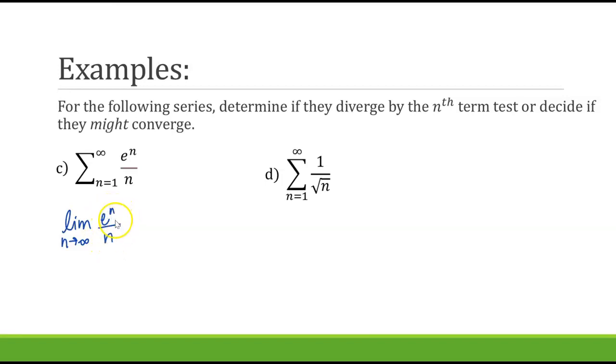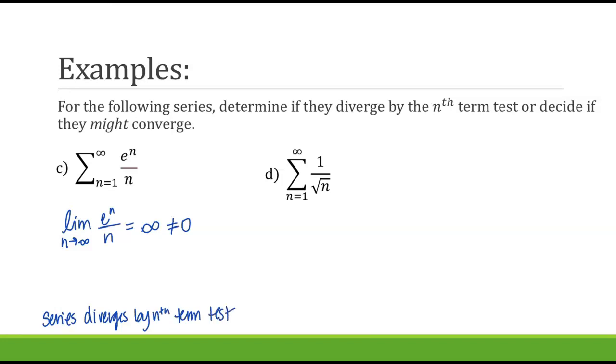So we know that if the top of a fraction is bigger than the bottom, then the whole thing is going to go to infinity, which is definitely not 0. So we know that this series also diverges by the nth term test.